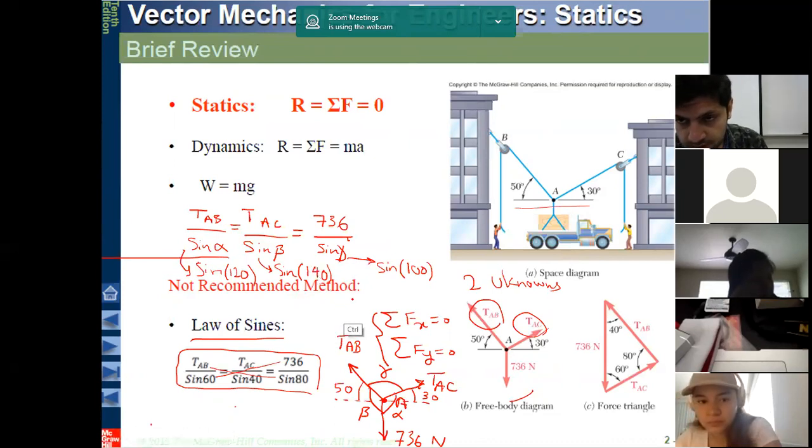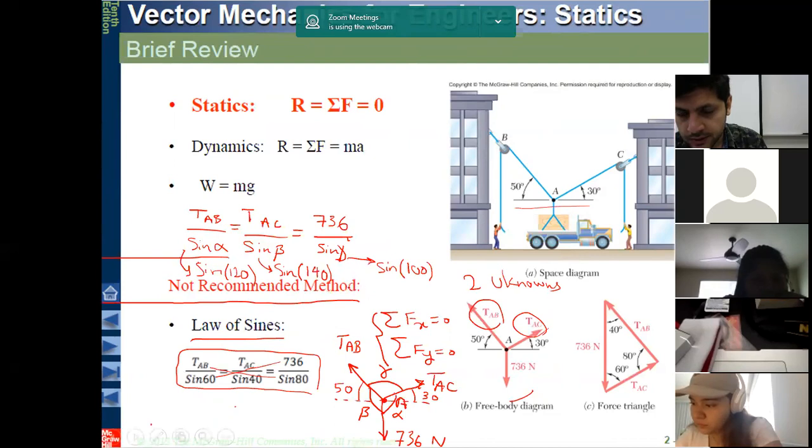Well, as you can see in the slides, it's not a recommended method. First of all, you can derive it from the equilibrium equations, although physically it's not really meaningful. So you'd better avoid this method and stick to the equations that we are going to work on during the next examples.